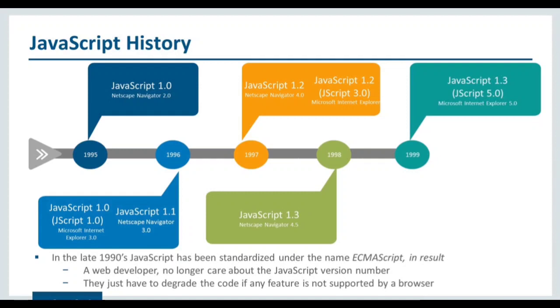Previously this JavaScript was supported by only specific browsers, but nowadays it is supported by all the browsers. Initially it was supported by Netscape Navigator 2.0. Then Microsoft Internet Explorer also started supporting it. Till 1999 only two browsers were supporting it. But now all the browsers are supporting it.